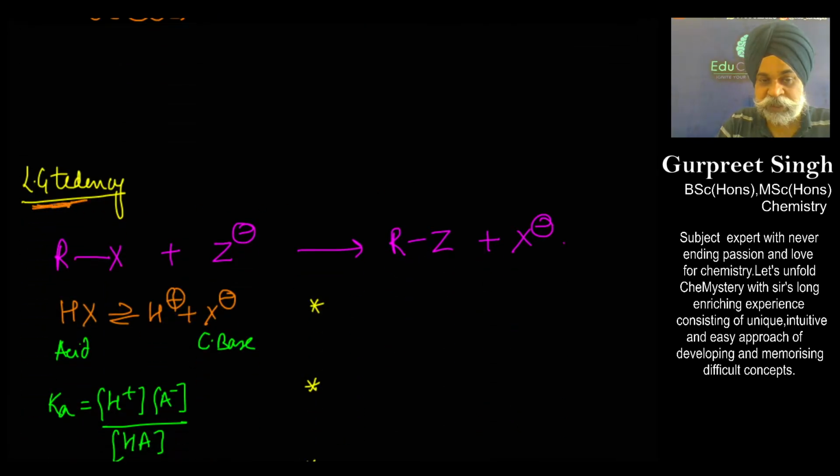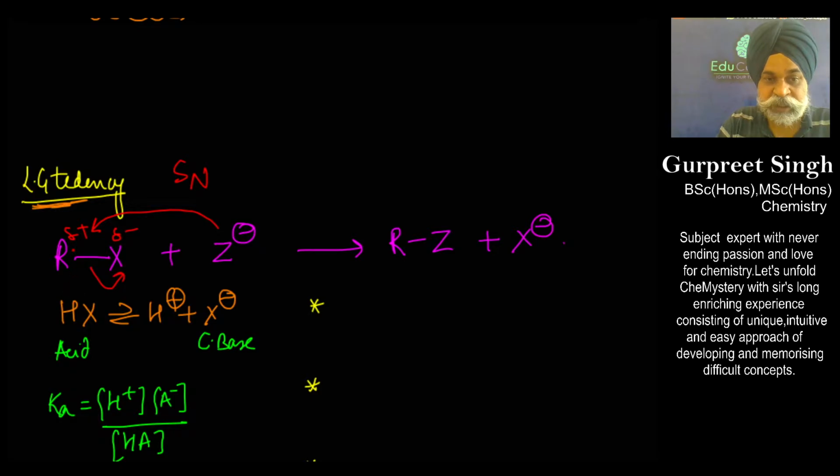Leaving group tendency means that in a nucleophilic substitution reaction, where this is delta negative and this is delta positive, this is the incoming nucleophile which is attacking this carbon carrying a positive charge and throwing this X negative out.